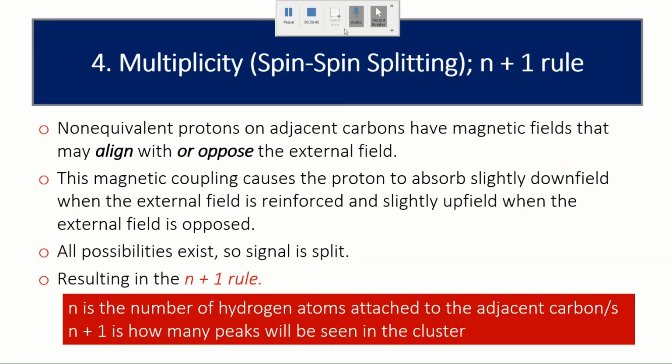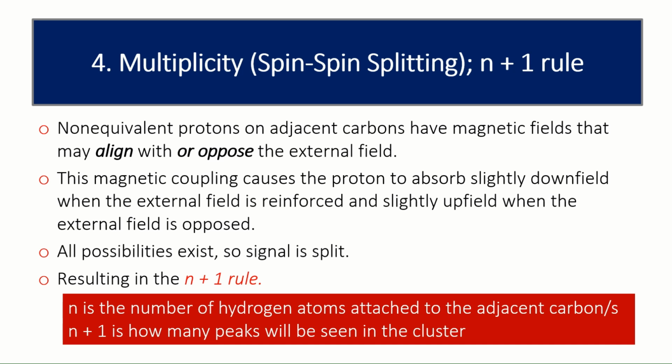Multiplicity is terribly important to us, and I think this is the last area we're going to be looking at. So we'll have a pause and we'll talk about this. With multiplicity, we're talking about spin-spin splitting, i.e. the n+1 rule. Non-equivalent protons on adjacent carbons have magnetic fields that align with or oppose the external field.